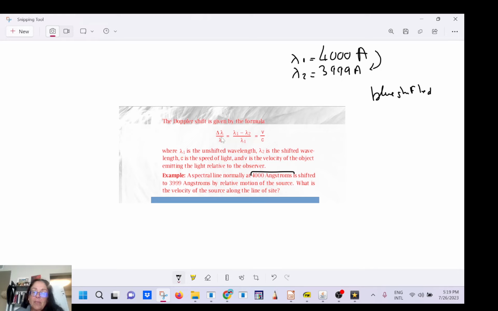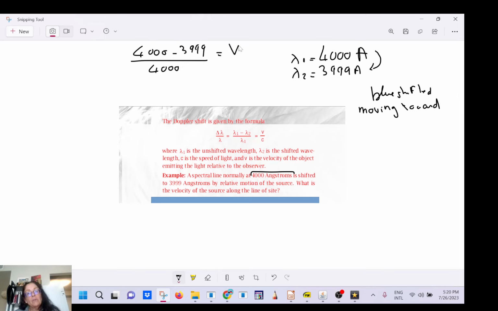You forget about the sign: moving toward. All you have to do is apply that equation. So it's going to be 4,000 minus 3,999 over 4,000. That's going to be the speed of the source over the speed of light, and the speed of light is 3 times 10 to the 8.